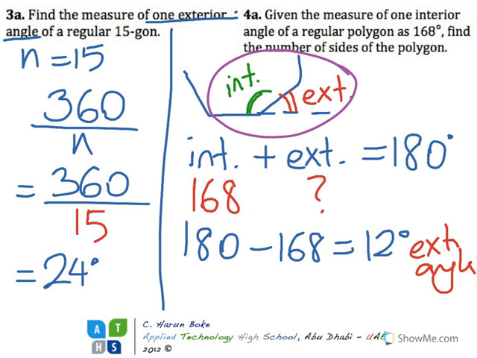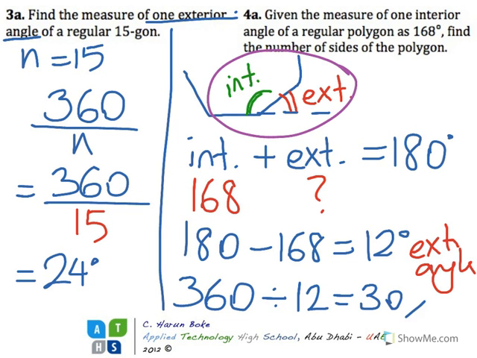Alright. Now, if we divide 360, the sum of exterior angles, by 12, the measure of one exterior angle, then we are going to find the number of exterior angles, which is equal to the number of sides. In this case, it is 30. So there are 30 exterior angles.